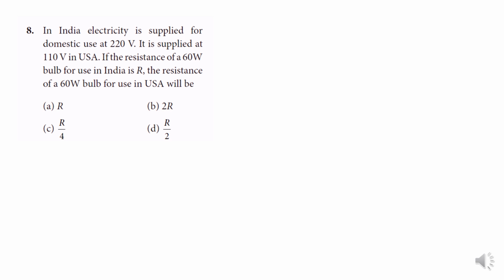So you are comparing the resistance of a 60 watt bulb in two different countries where the supply voltages are different. In India the supply voltage is 220 volt. In US it is 110 volt.